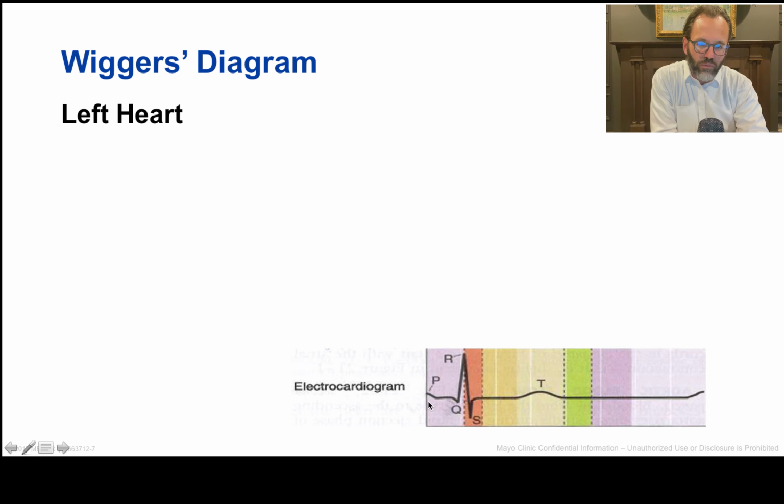So we've got atrial depolarization, followed by a period where the electrical impulse is being transmitted through the atrioventricular node, subsequently eliciting a very rapid depolarization of the conduction system, the QRS complex, and then ventricular systole, followed by a T wave for relaxation.